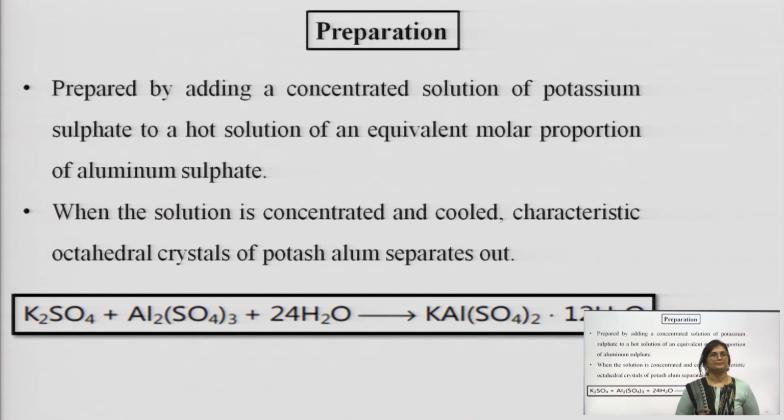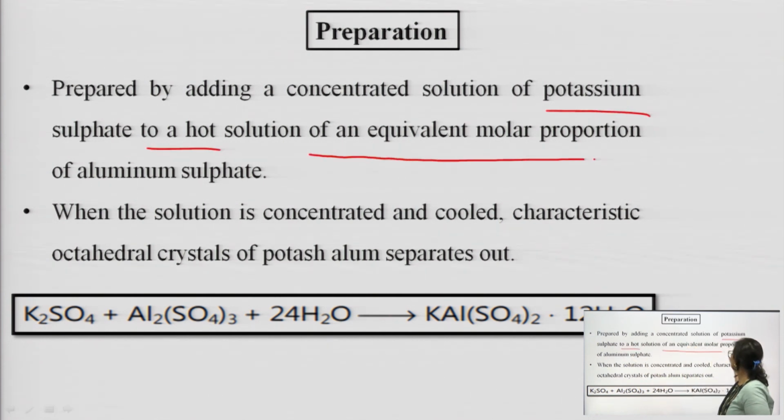How is alum prepared? It is prepared by adding a concentrated solution of potassium sulfate to a hot solution of an equivalent molar proportion of aluminium sulfate.